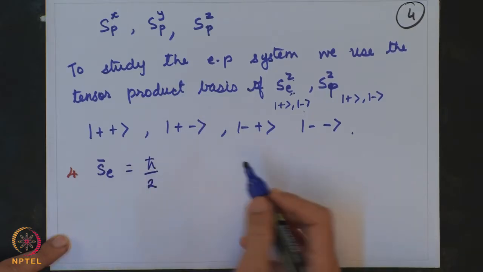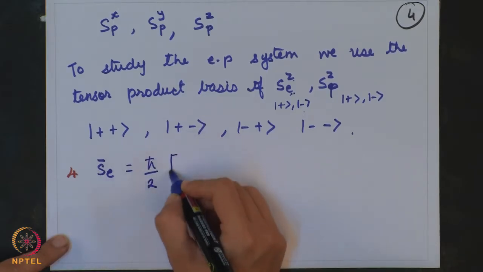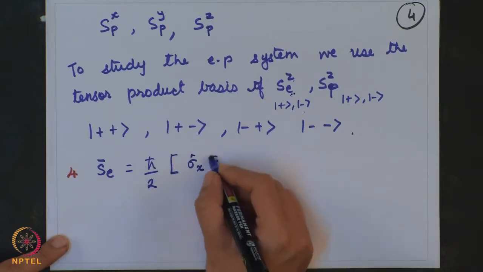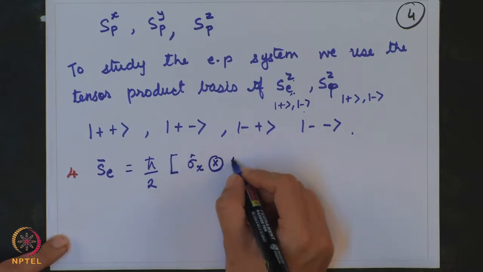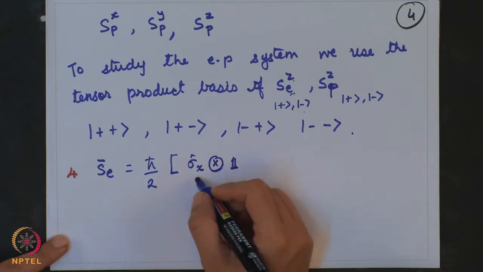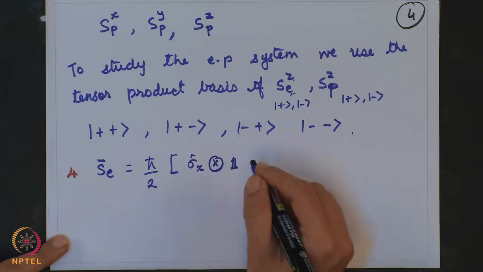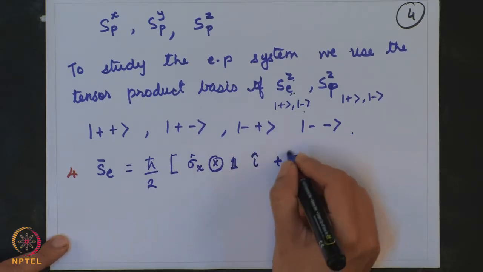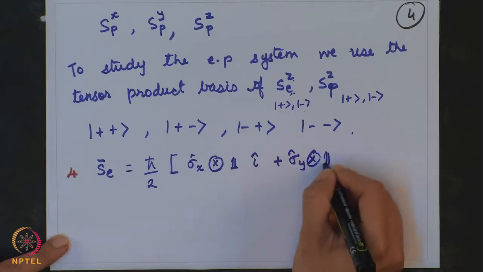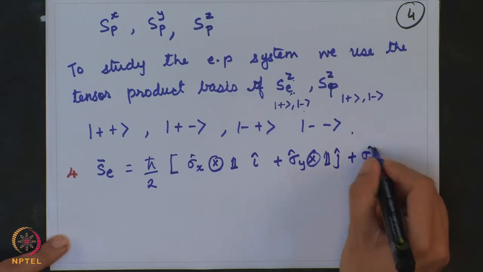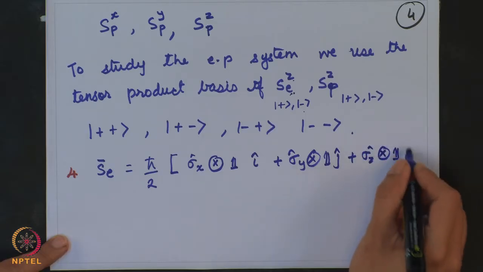There will be a tensorial product, written as sigma x, where I is the identity matrix, sigma x we know is the Pauli matrix for the x component, I plus sigma y j plus sigma z k cap.